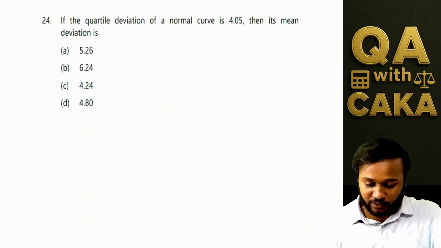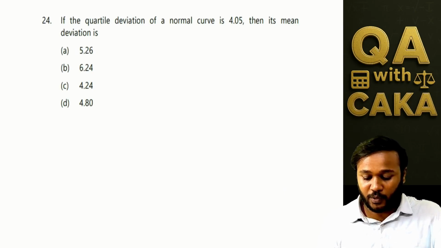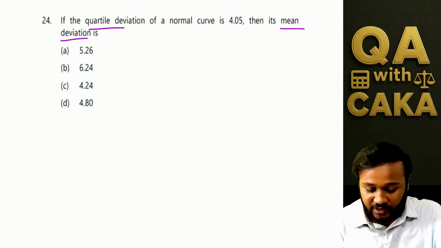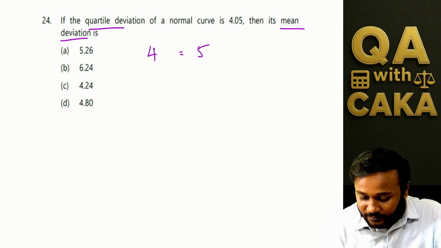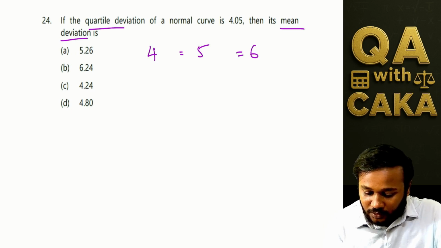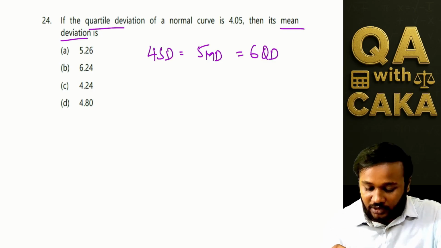Clear? So 24th question. If the quartile deviation of a normal curve is 4.05, so if you remember the combination of quartile deviation, mean deviation, standard deviation, I asked you to remember such a way that 4 is to 5 is to 6. So this is mean deviation, this is quartile deviation, this is standard deviation. Now you need the combination of quartile deviation and mean deviation.